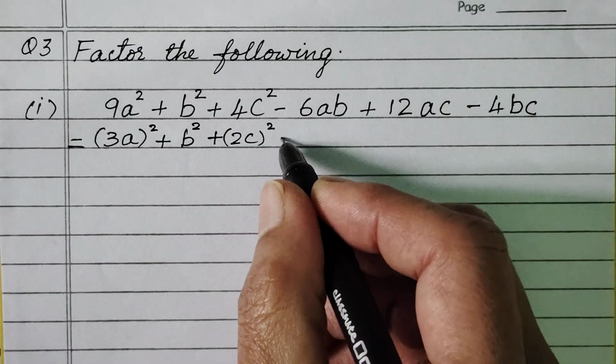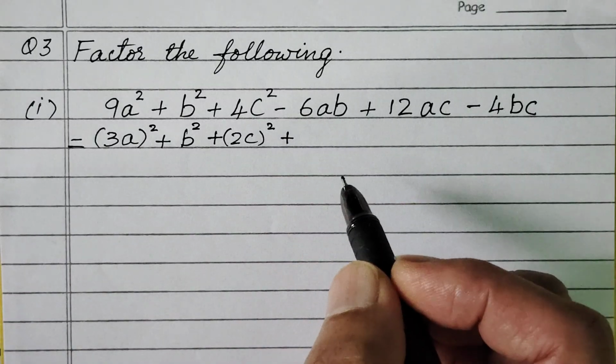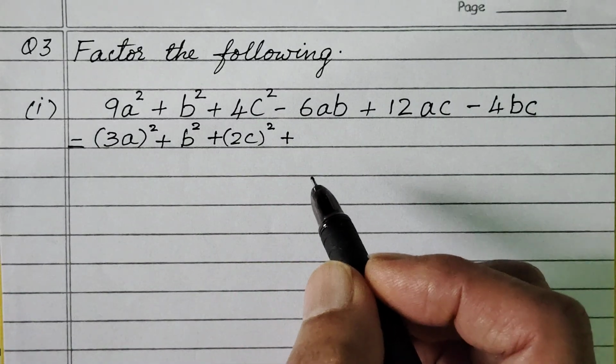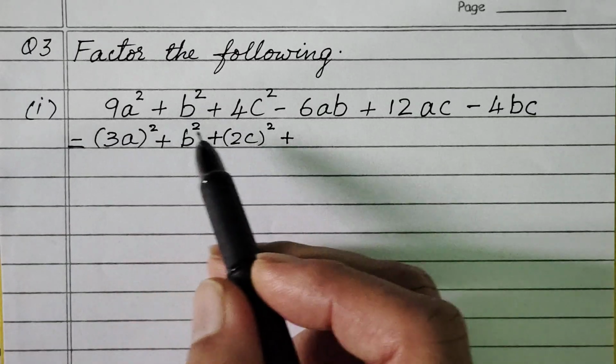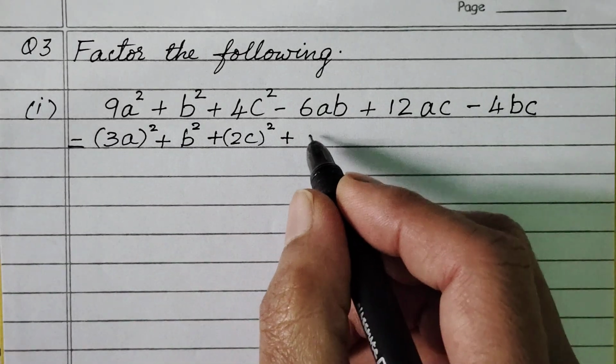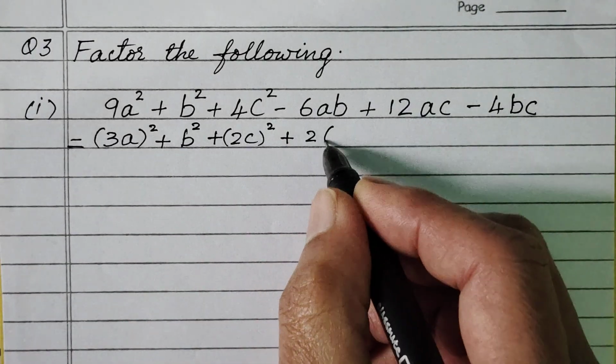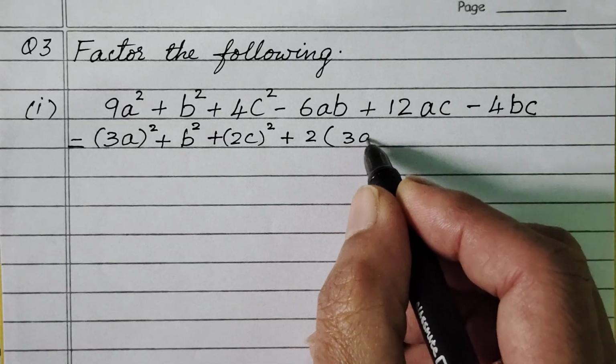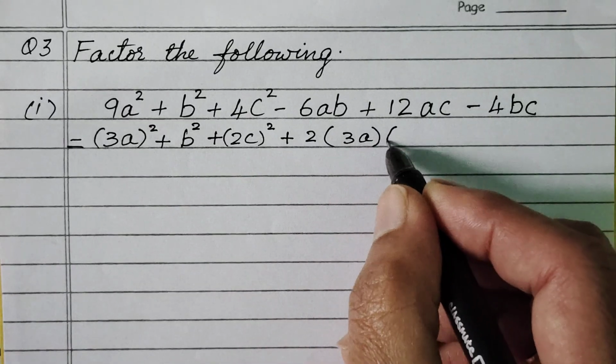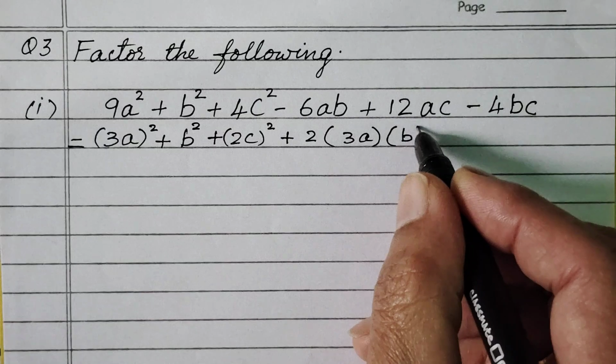Now plus 2ab, this is a and this is b, so 2 into a is 3a, b is b only.